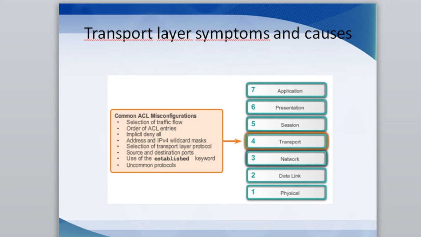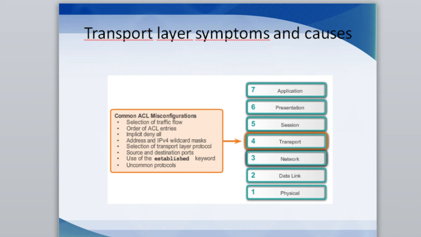It could be also because you're not taking into account the implicit deny that is after all your entries. Perhaps you made a mistake in the address and IPv4 wildcard mask in your entry.